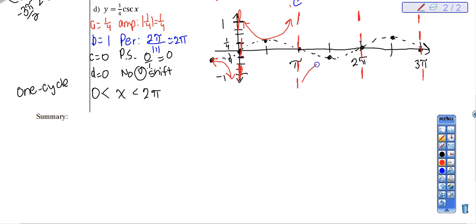Draw a little sketch. There's your cycle from 0 to 2 pi. And then I got another half cycle going on over here. And there you go. Maybe a little there. And there's an example of an amplitude change with your cosecant function.